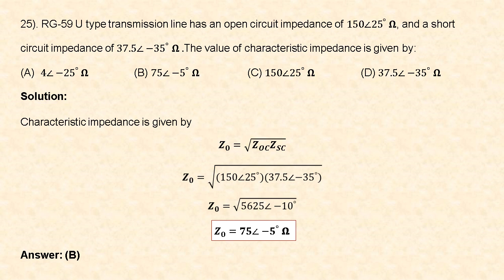If you take square root, the square root of 5625 is equal to 75, and square root of angle is nothing but half of the angle, which is equal to minus 5 degree. So the characteristic impedance is Z0 is equal to 75 angle minus 5 degree ohm. So option B is correct.